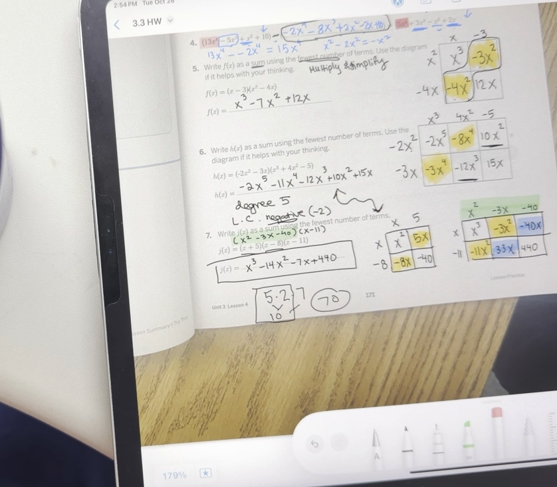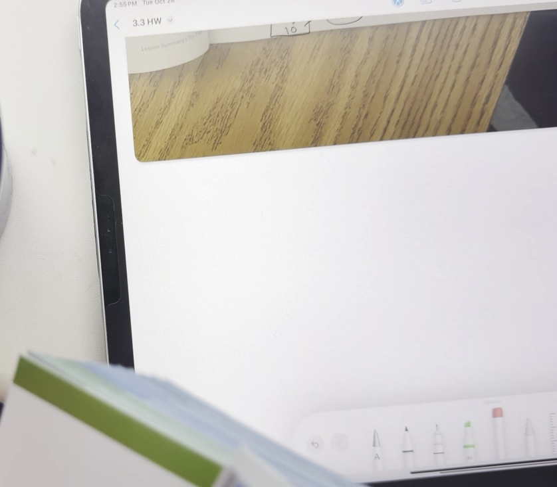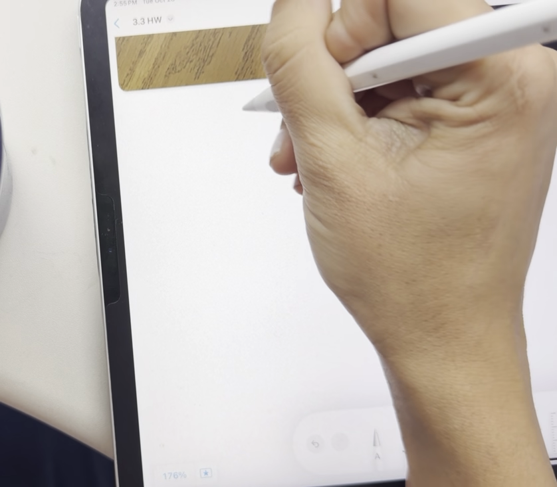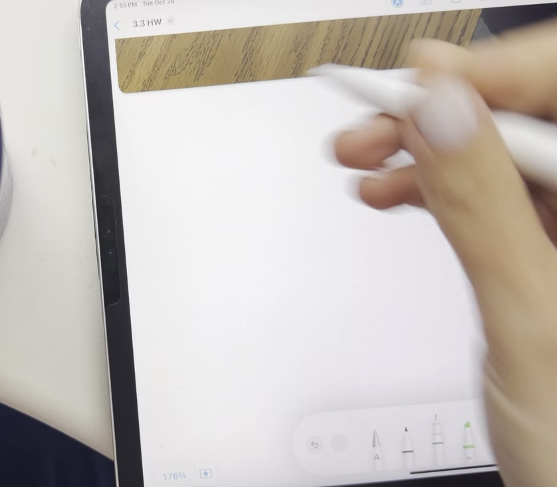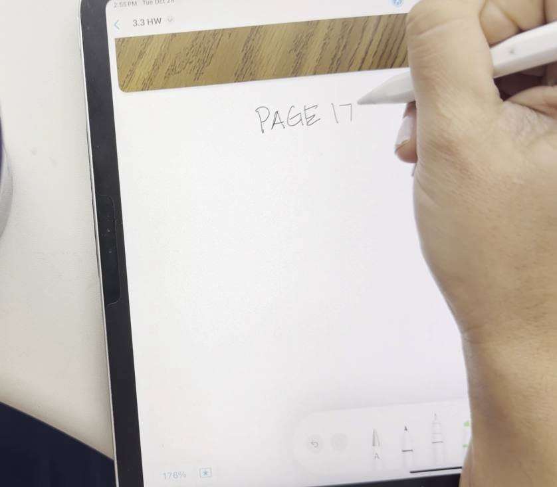So page 172 has some more stuff. Okay, I don't need to take a picture of this to show it to you. So on the next page, on page 172, let me write it for my people who are scrolling through the video.